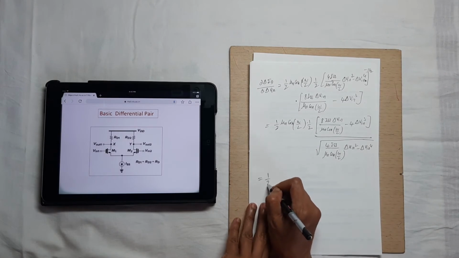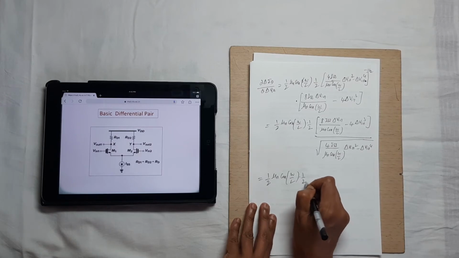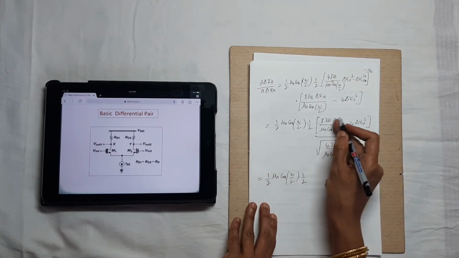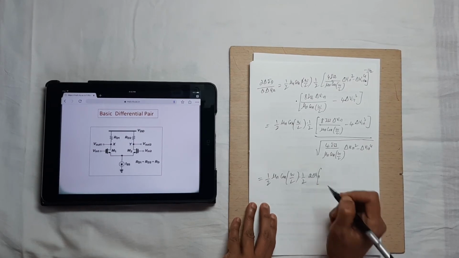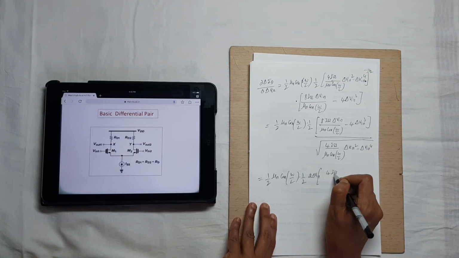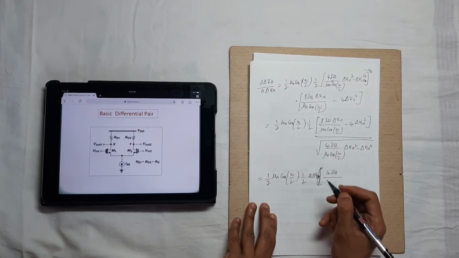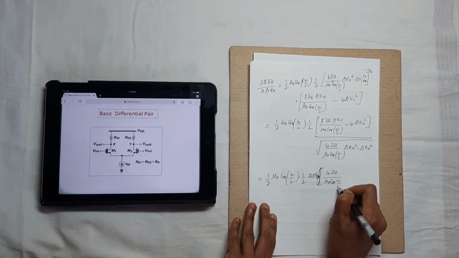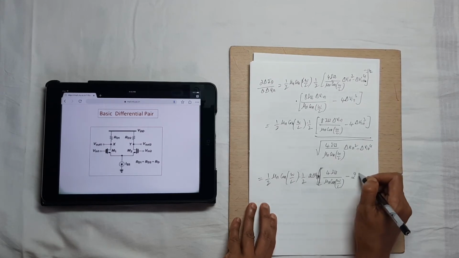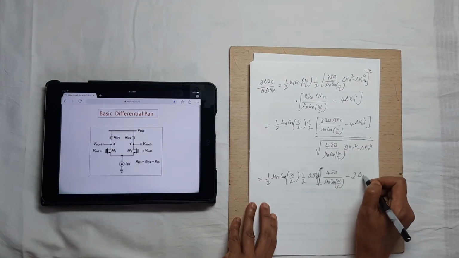This is equal to half mu n Cox W by L into half. Take 2 times delta Vin outside into bracket 4 ISS divided by mu n Cox W by L minus 2 times delta Vin square.